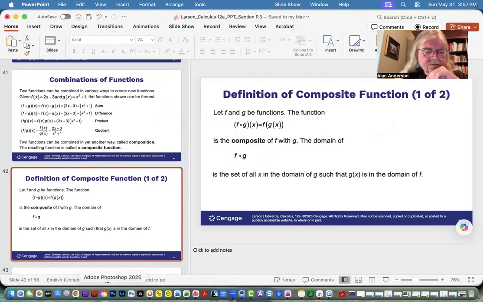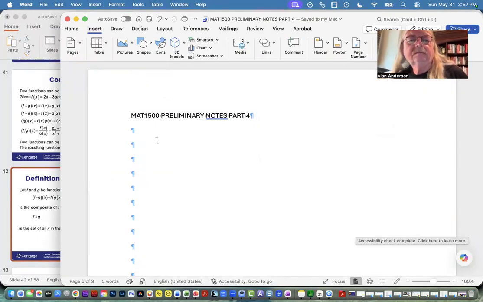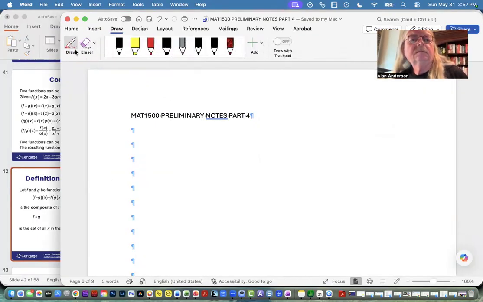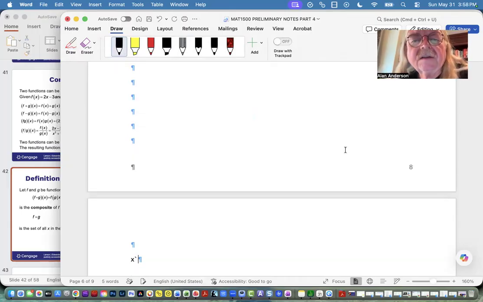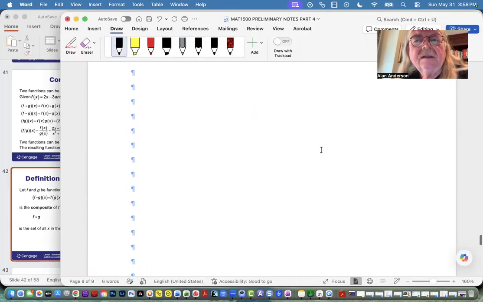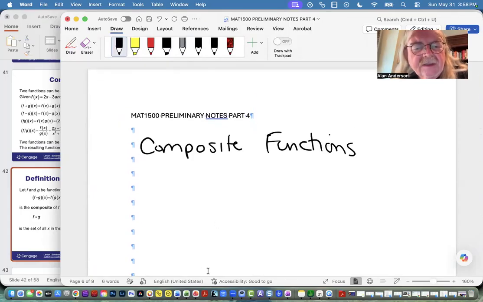All right, hold on one second. Here we go. A composite function is a function of another function. That's basically all that it is. So how is that written?